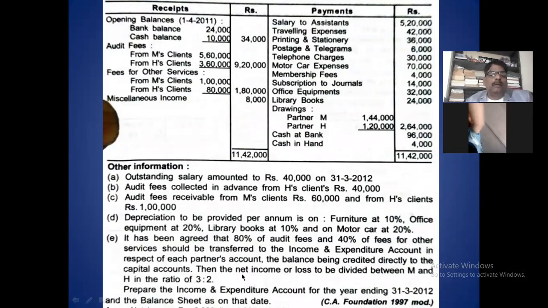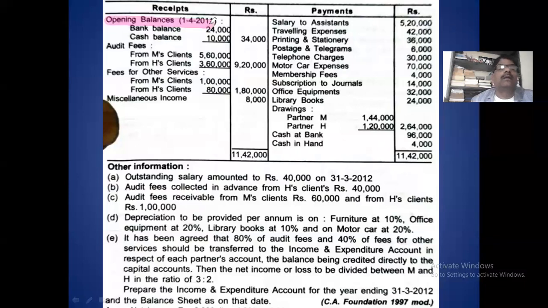In the receipt and payment account, first is the opening balance. This is from the opening balance sheet. It is already taken in the opening balance sheet.